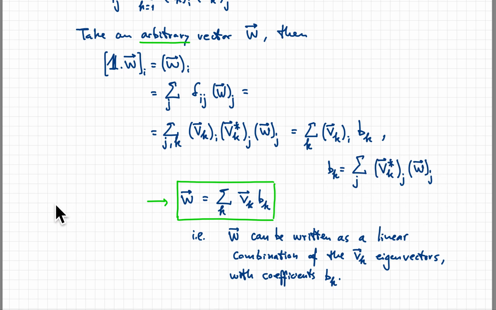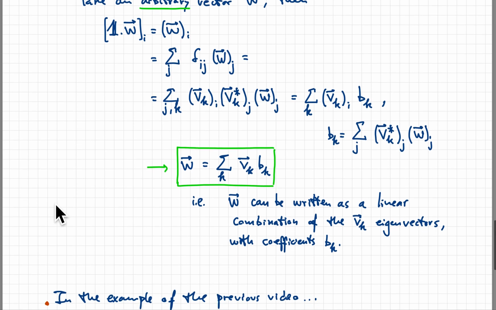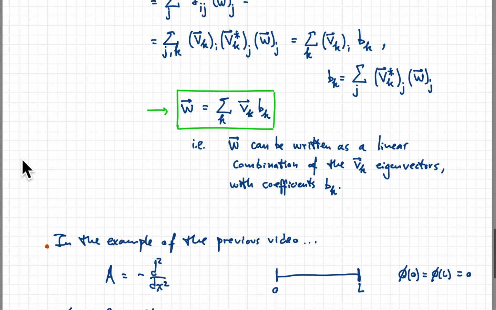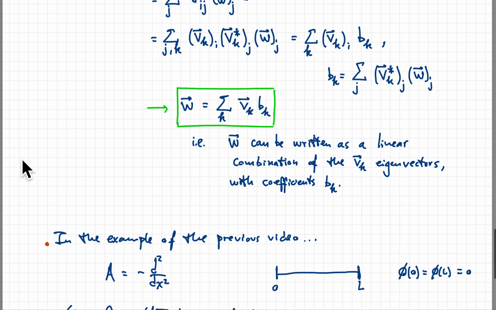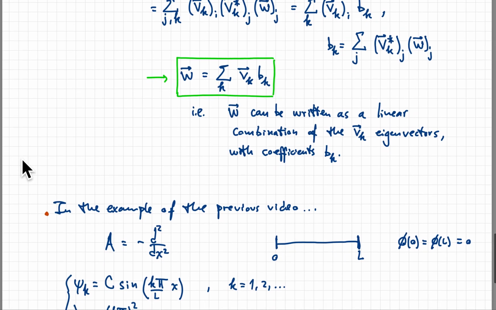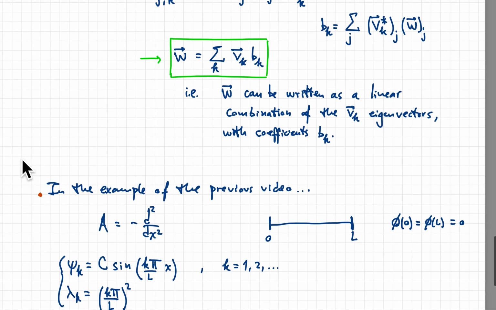So orthonormality and completeness go hand in hand in this case, when you have a complete set of vectors, which is what we have here. So in the example that we saw in the previous video, you can write explicitly the property of orthonormality and completeness.